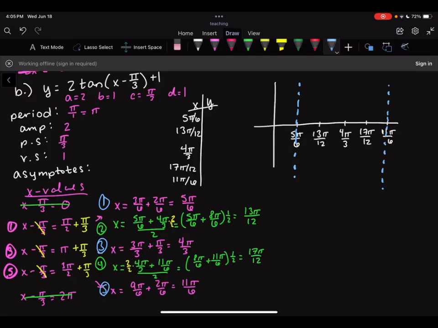I know that my middle point, so my third point, is going to have to be the middle of my graph. Well, that happens at the vertical shift. So if I'm going to go up by 1, that means the middle of my graph has to go up by 1. Then I like to use the amplitude. So if my amplitude is 2, that means that I should go 2 above this and 2 below this.